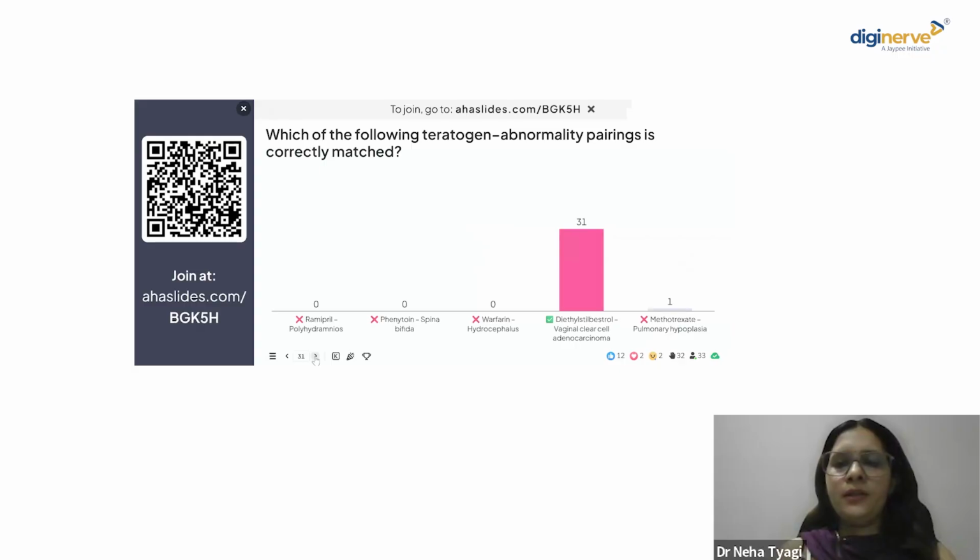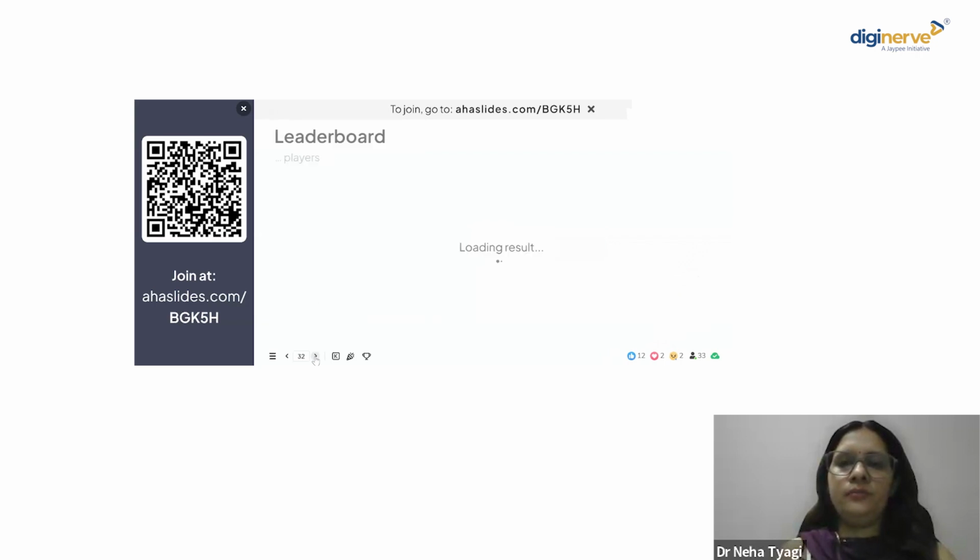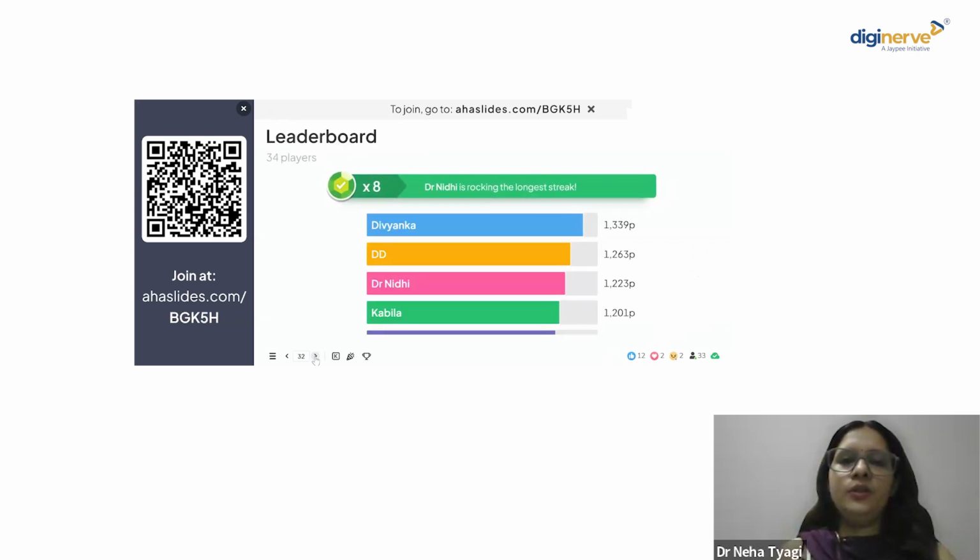So everyone has marked it correctly. It's diethylstilbestrol leads to vaginal clear cell adenocarcinoma. Let's see the leaderboard. Dr. Nidhi is rocking the longest streak and Dr. Divyanka is leading the leaderboard.